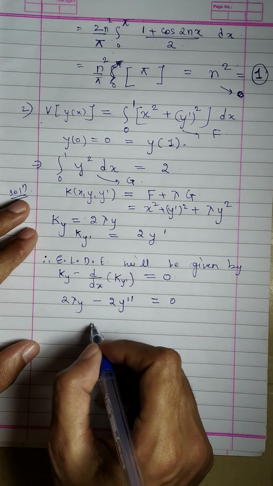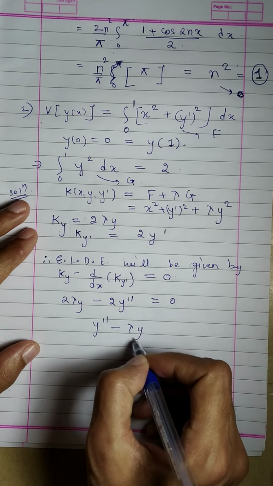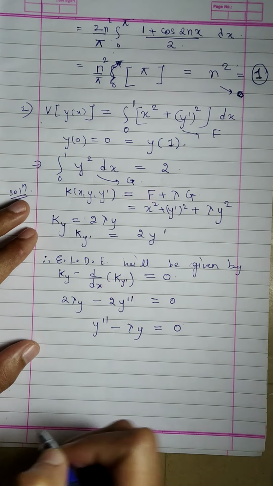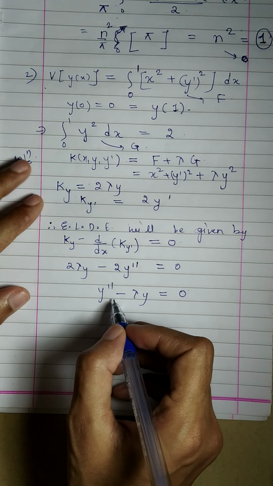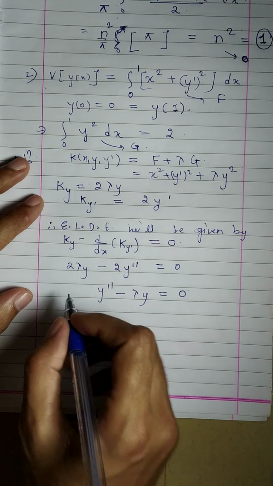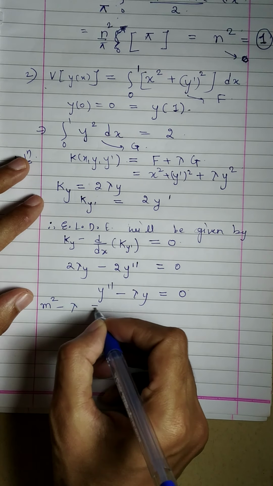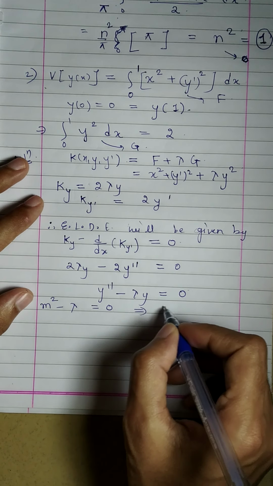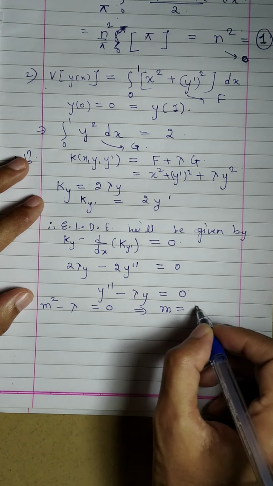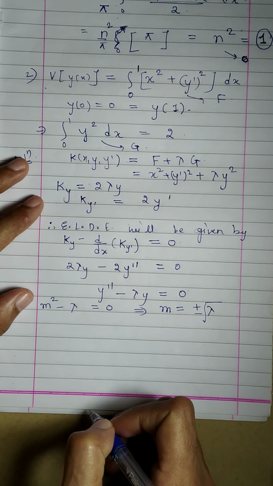So this gives us the differential equation y double dash minus lambda y equal to 0. The auxiliary equation corresponding to this will be m square minus lambda equal to 0, so m is equal to plus or minus root of lambda.